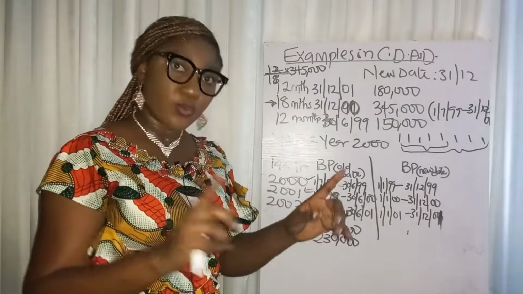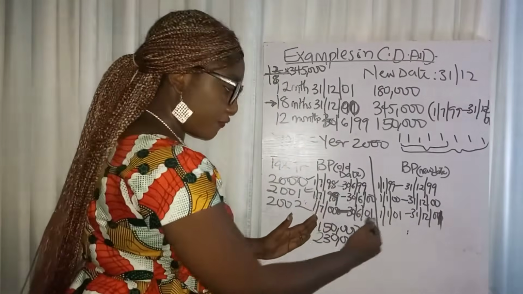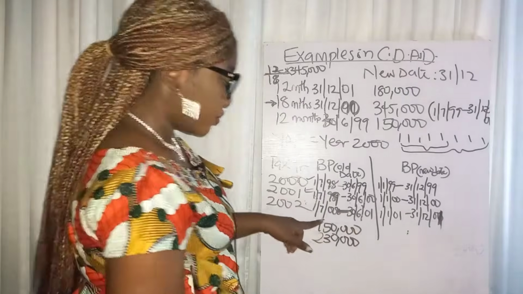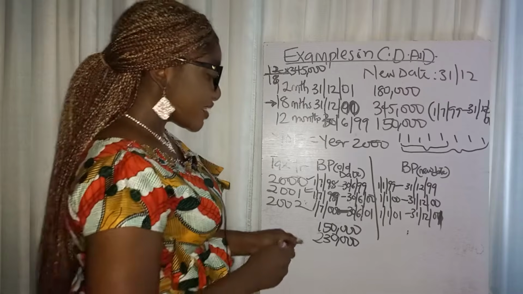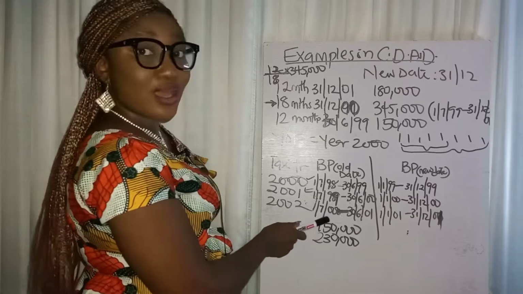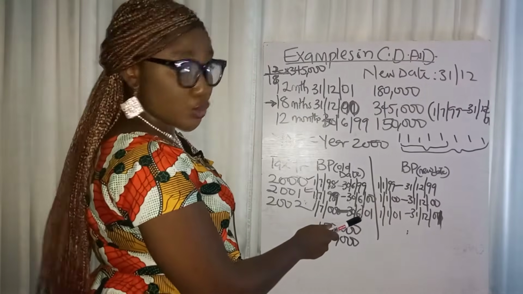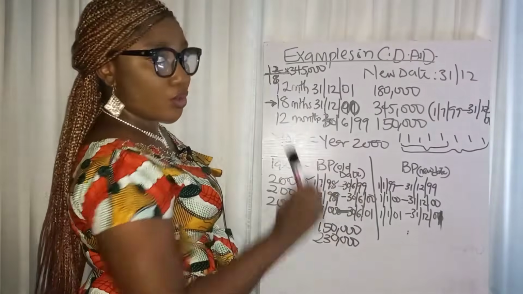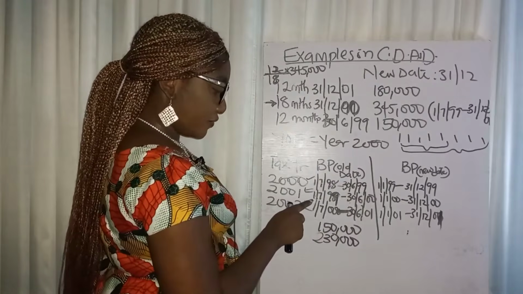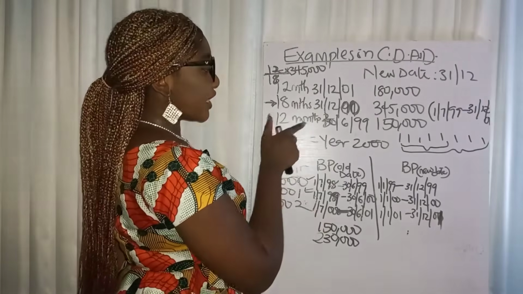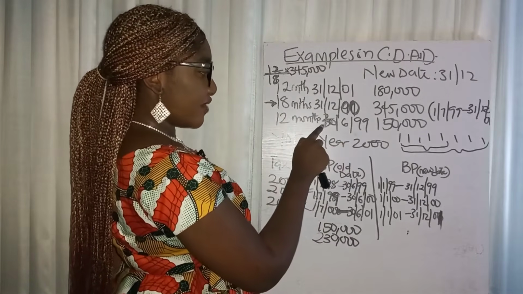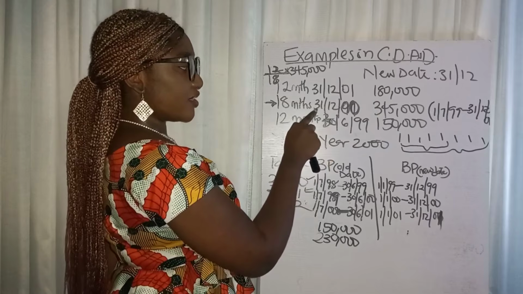Ask yourself first, which period am I looking for? Profit of which period am I looking for? This is what you are looking for. I'm looking for the profit that was made between 1st of July year 2000 to 30th of June year 2001. Ask yourself, the first leg, which is 1st of July 2000, can I find it here? I can't find it here, but I can find it here.